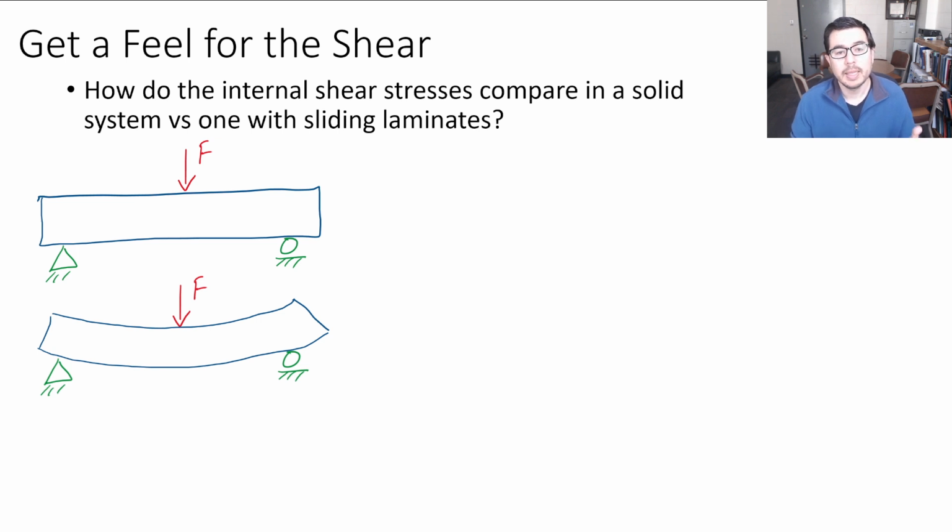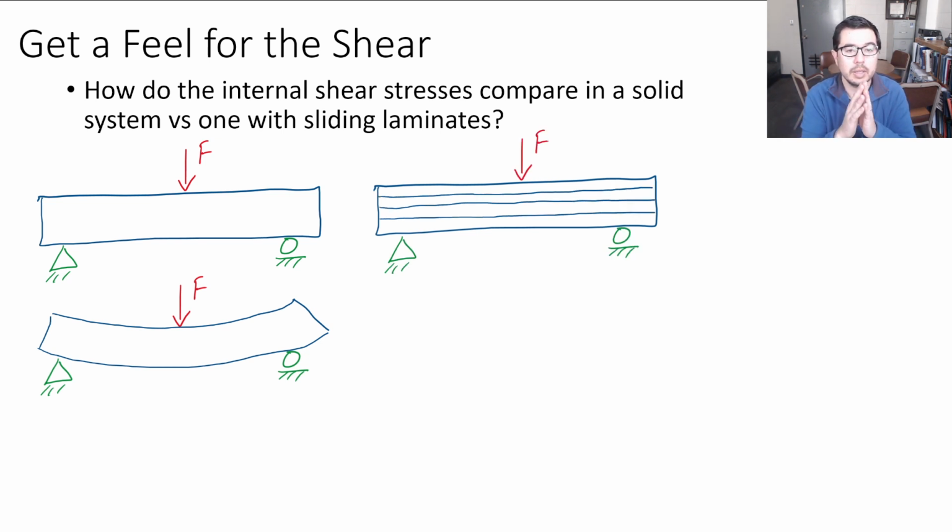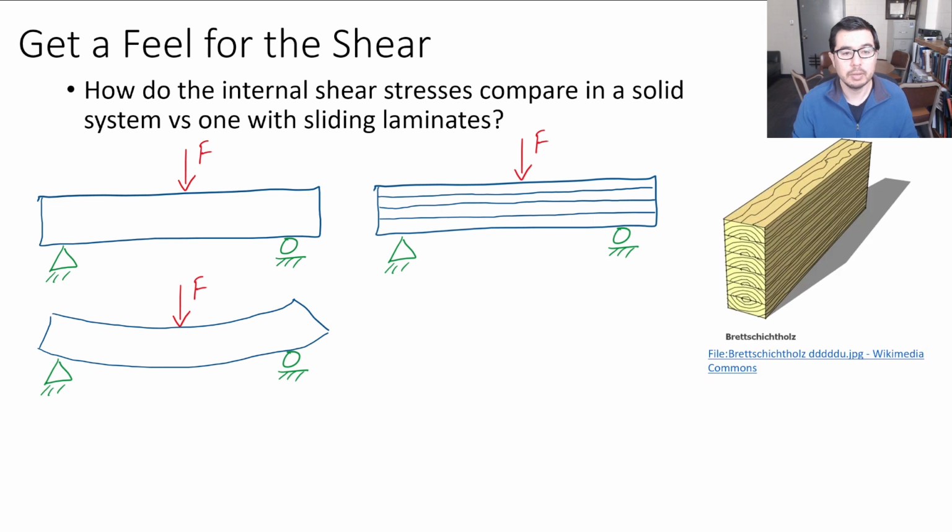Now, if we take that same geometry and think about this beam being composed of a series of stacked pieces of wood, like what we see here, and we look at the deformation, we see something very similar.